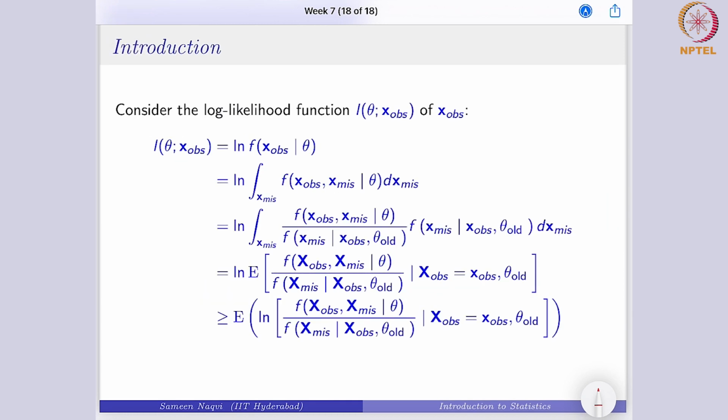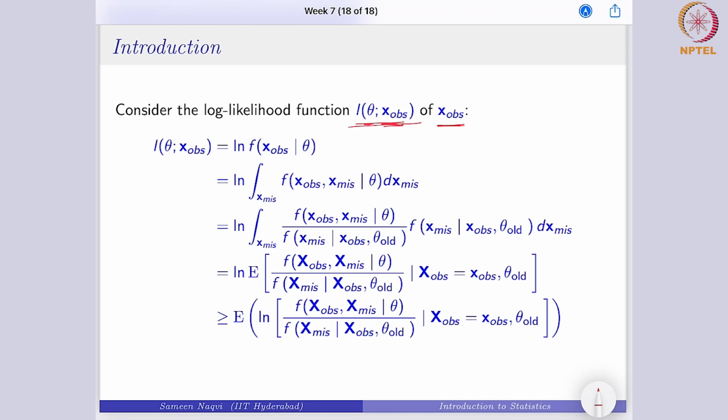Let us consider the log likelihood function of x observed. This is the observed data, and we are considering the log likelihood function. Now what is this function? This is basically the likelihood of observing the given data for a particular value of a parameter.